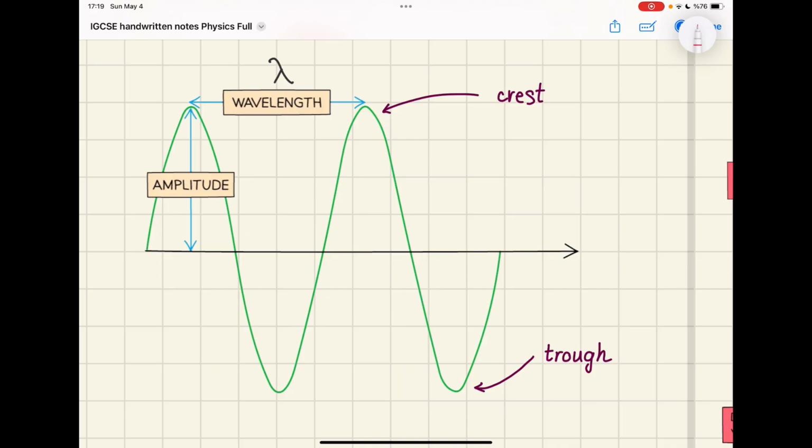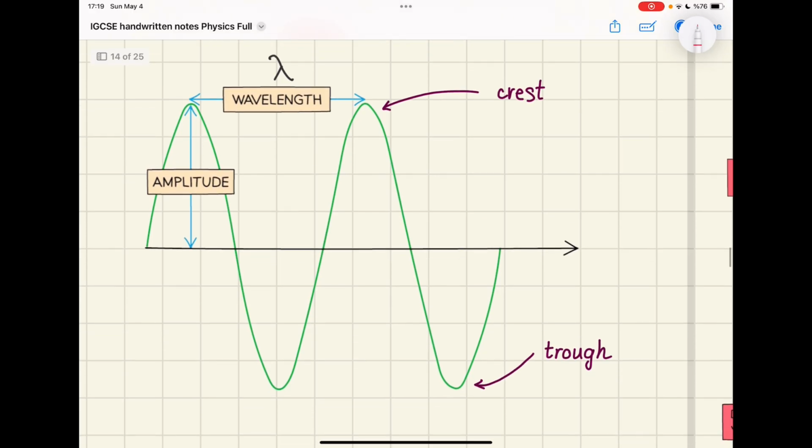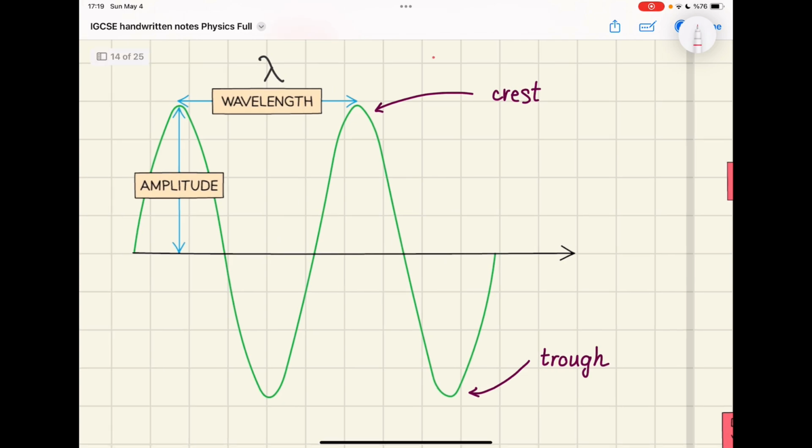The waves we are talking about here are transverse waves, and this is usually what we consider a wave, what we usually see as a wave. Here we have some characteristics of a wave that give us more information about what a wave is and what it looks like. So this is a transverse wave. We will see what that is soon.